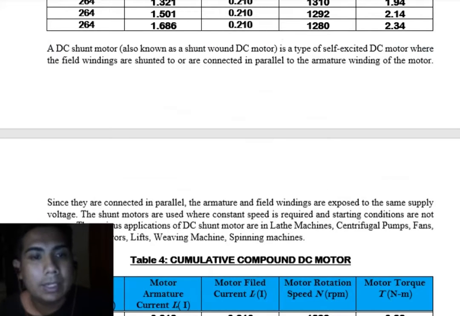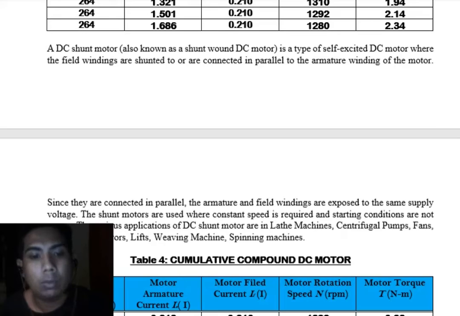A DC shunt motor, also known as a shunt wound DC motor, is a type of self-excited DC motor where the field windings are shunt, or connected in parallel, to the armature winding. Since they are connected in parallel, the armature and field winding are exposed to the same supply voltage.